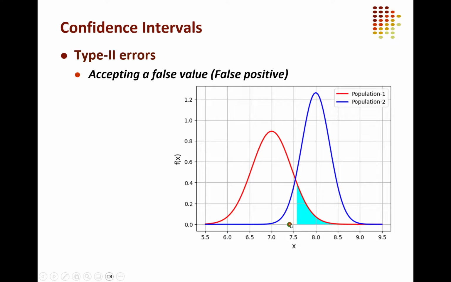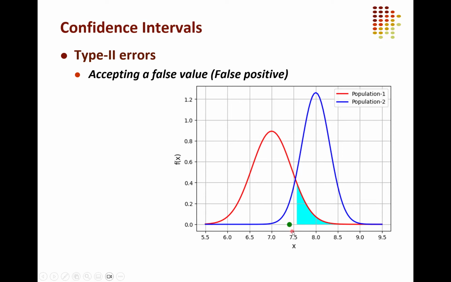So if we interpret this green dot as a member of the red one, which is a likely consequence of our level of significance definition, since it belongs to the confidence interval of population 1, we are likely to accept it.